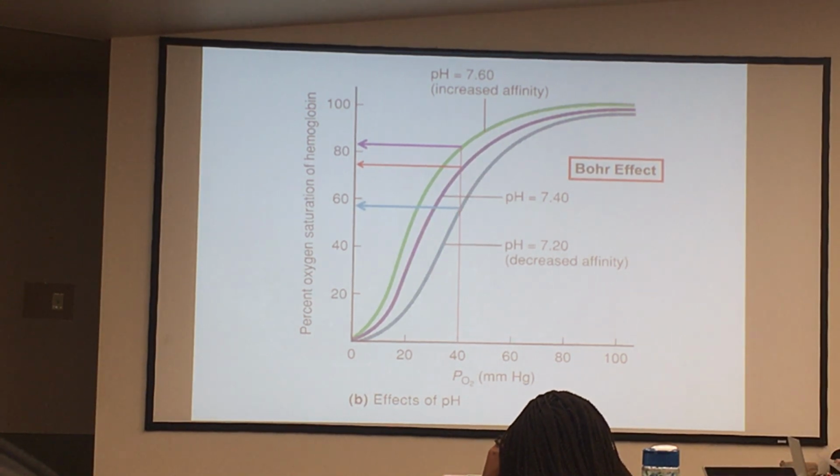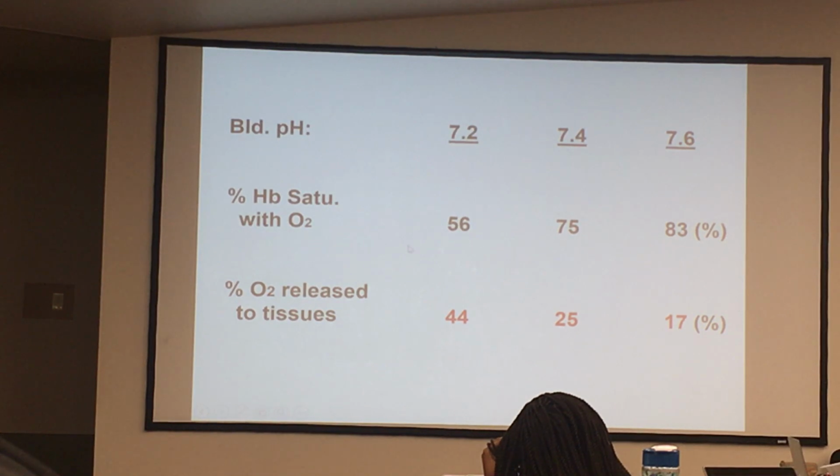Hemoglobin holds less. Normally we hold 75% and release roughly 25. If there is too much acid, too much CO2, the percent of saturated hemoglobin goes down to 50-something, and we release more. We release 44% to the tissue, because our tissue needs oxygen.